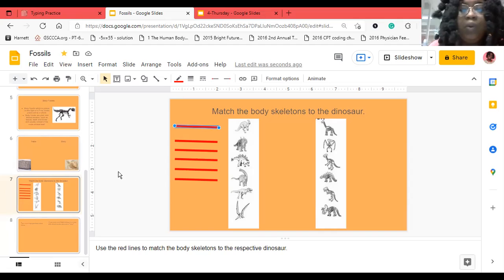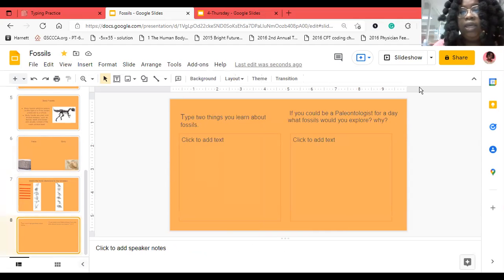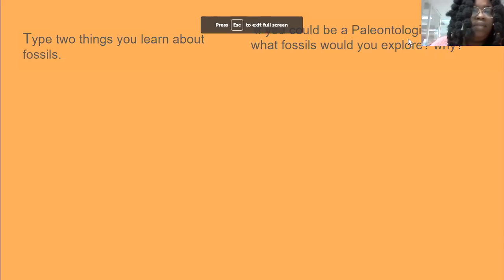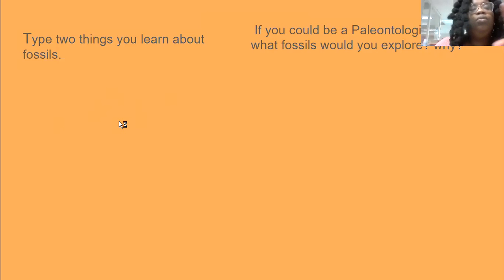And then the last thing I want you to do, let me go back to present mode so you can see these better, and let me get myself out of the way. I want you to type on the left-hand side two things you learned about fossils, two things you learned through going through this whole slideshow.